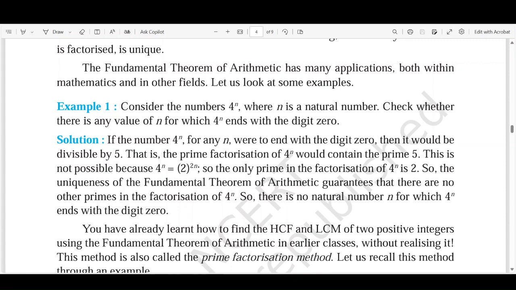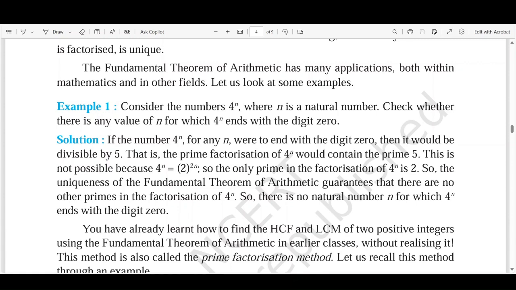In such a case, definitely it will be divisible by 5. Any number whose last digit is 0 will definitely be divisible by 5. So this value 4 power n for a particular n value will also be divisible by 5. So thus we have obtained the prime factorization of 4 power n, which contains the prime number 5.